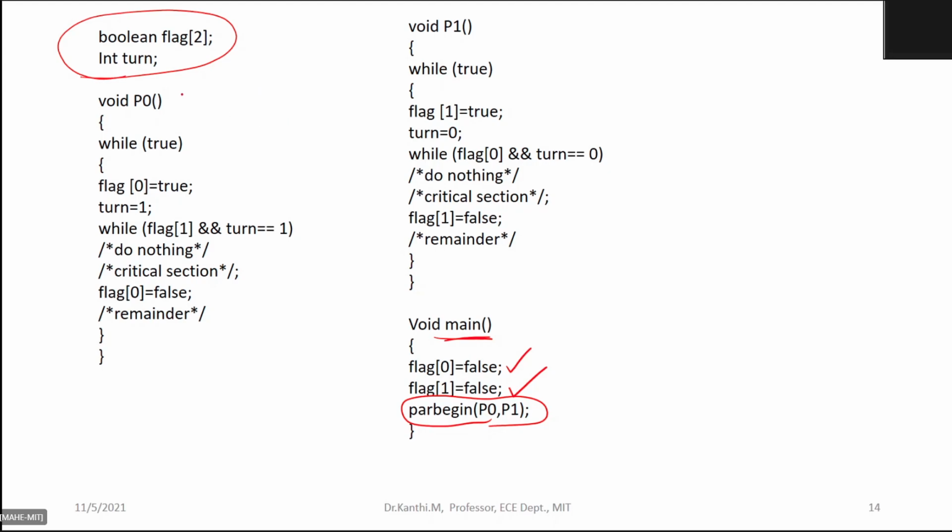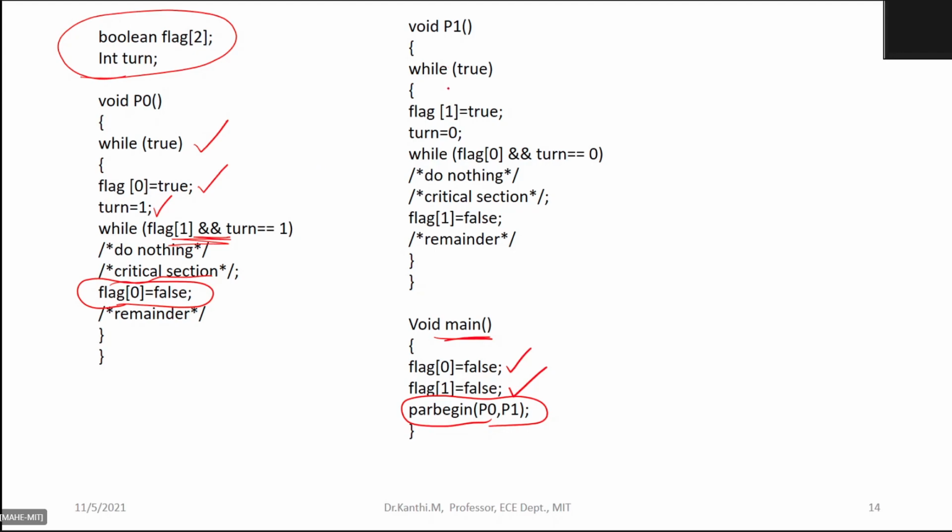In process 0, while 1, you set the flag to true and turn is equal to 1. While flag 1 and turn, you do nothing. If not, you can enter the critical section. Once you finish, make your flag false. This is inside the while loop.